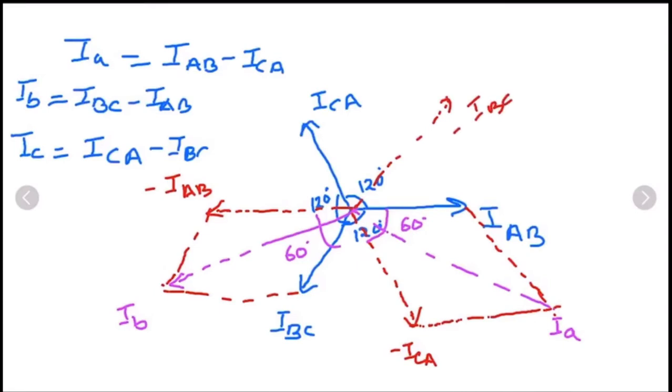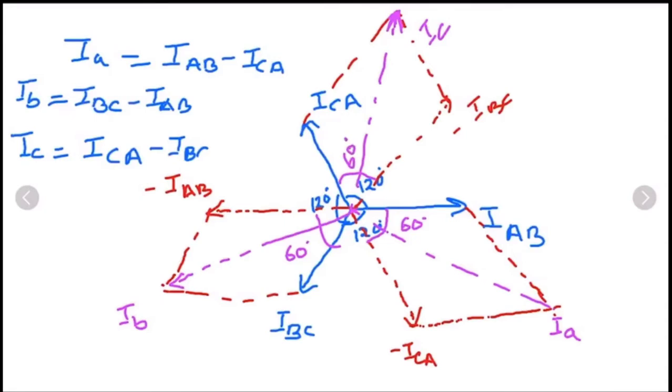Again we will use the parallelogram method and join the intersection point. So this is your intersection point, and this will be your IC. Again this will be 60 degree.